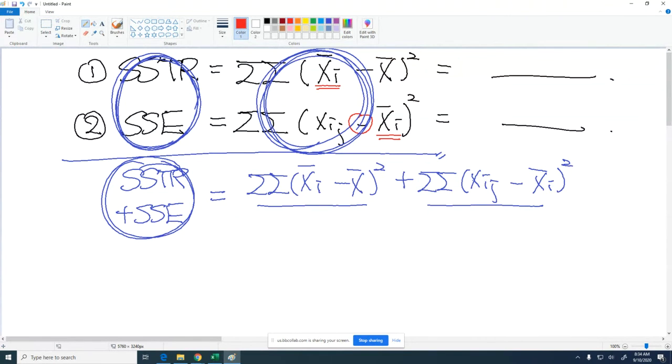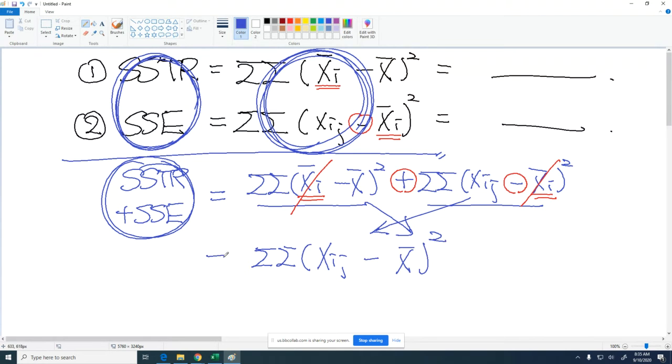Can I cancel out? Here is the addition, here is the subtraction, and here is the xi bar, and there is the xi bar. So I just cancel out, and it's the same as a double summation of xij minus x bar squared.